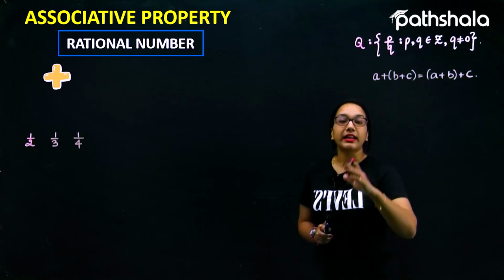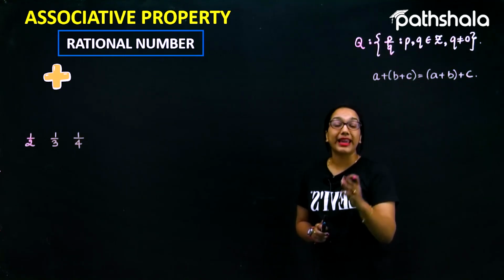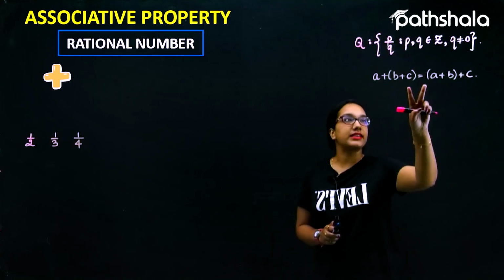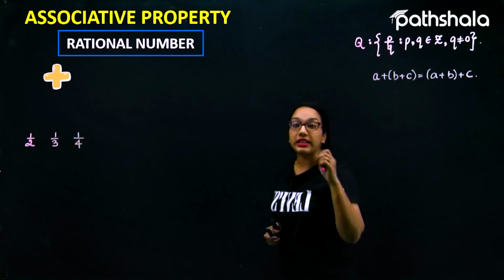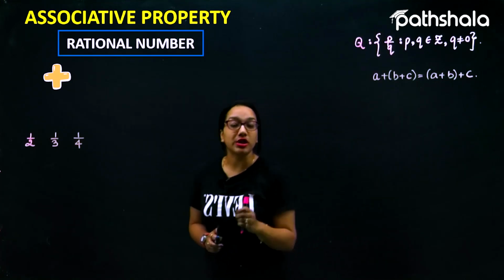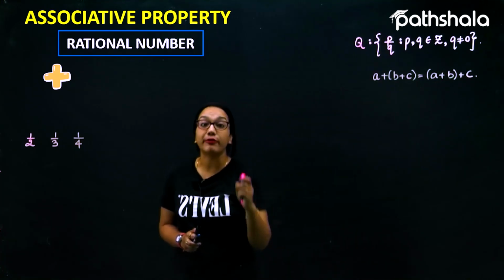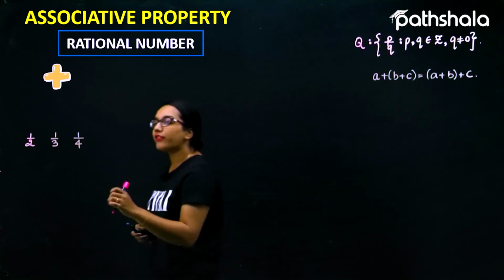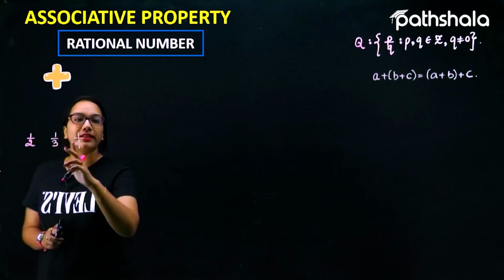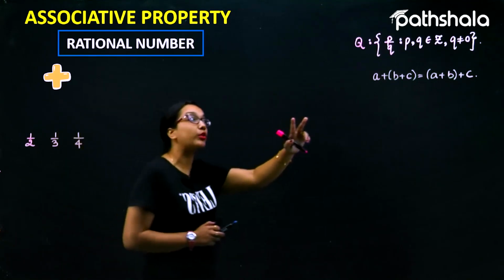It means that if any 3 rational numbers A, B and C satisfy this condition, it shows that the rational numbers are associative for addition. So let's just start with it. First of all, we have to add 1 by 2, 1 by 3 and 1 by 4 in this manner.